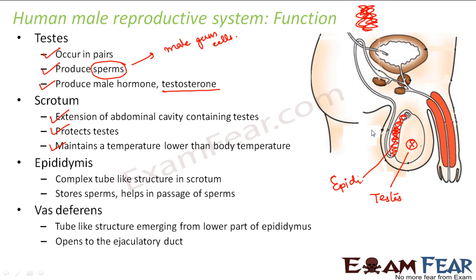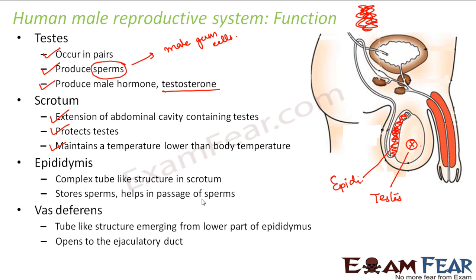This transfer actually happens when two people have sex, that is the transfer of sperms from the male body to the female body. So this epididymis is the first step through which the sperms pass out of the testis.